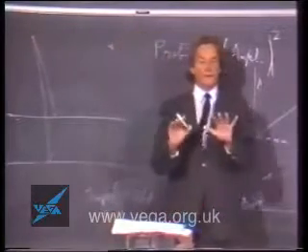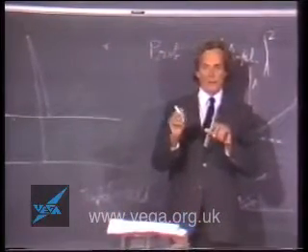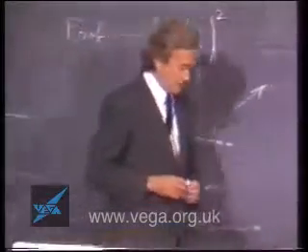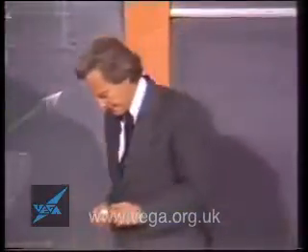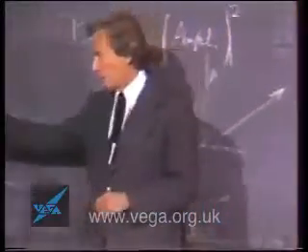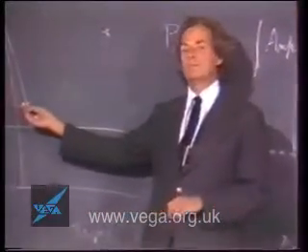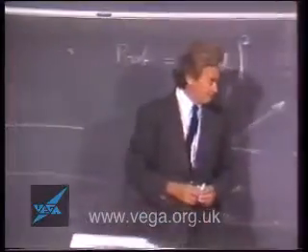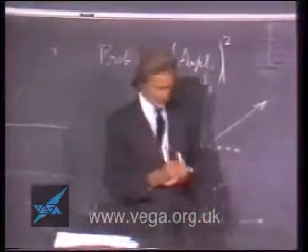When an amplitude for an event changes with time by simply rotating, not changing its length but changing its angle, it corresponds in the real world, the ordinary world you're used to, to a situation in which the energy of the system is definite. And what we've been talking about before were situations in which the color of the photon, the energy of the photon, was definite. And in those situations, the amplitude is turning around in time. This is, in fact, a result of the source.